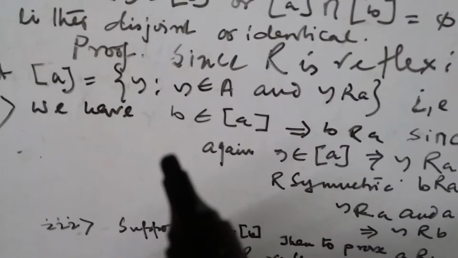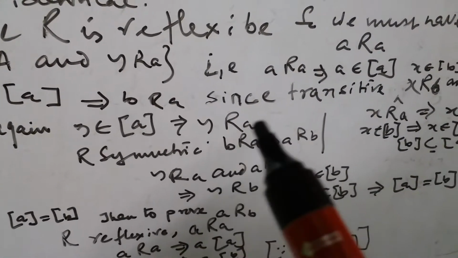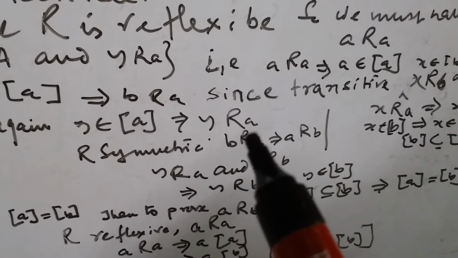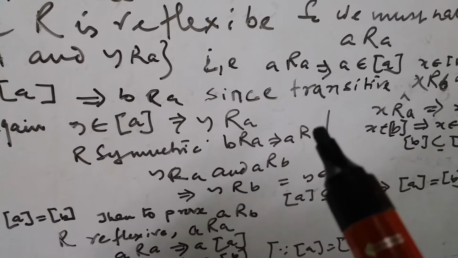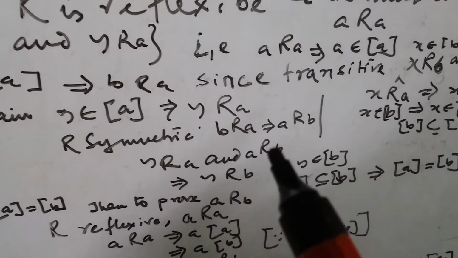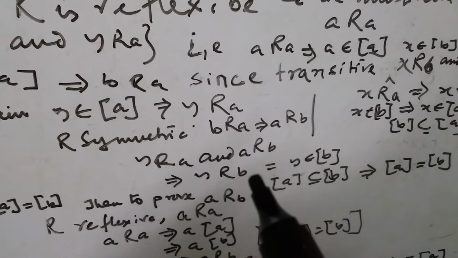Now, if y belongs to [a], so yRa, and R is symmetric, so bRa you can write aRb, which is given. So yRa and aRb, you can write yRb.